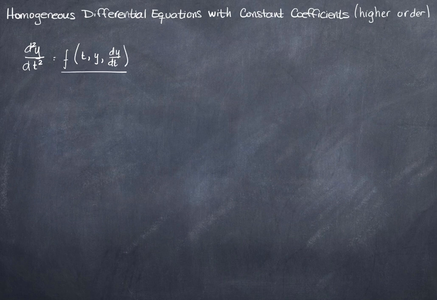Now, this is just the form of the function. An example might be y double prime equals 3yt plus 2y squared minus 5t squared plus y prime.